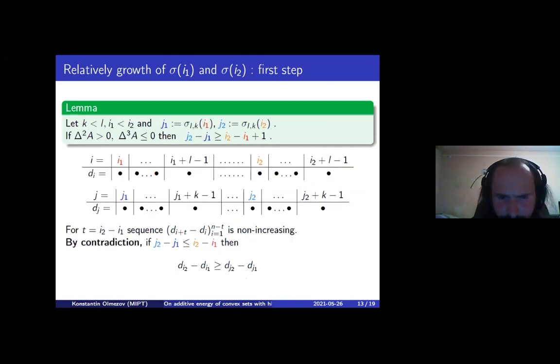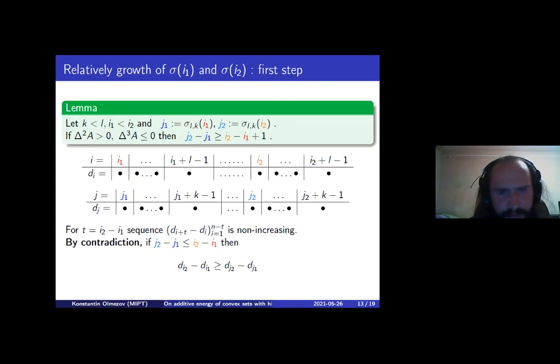And we can proceed by contradiction, assuming the difference between solutions J is less than or equal to the difference of base indexes I.